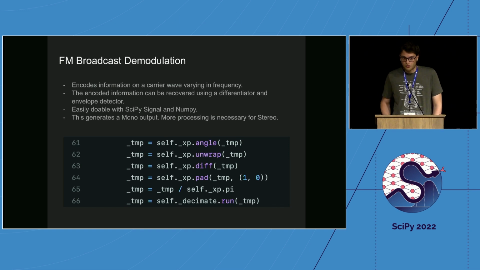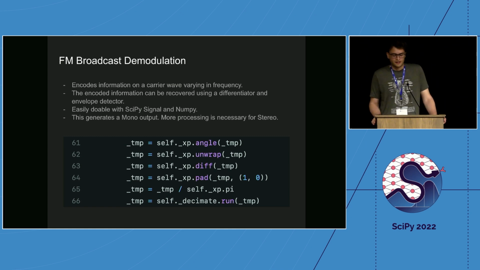And FM broadcast is like the old transmission protocol for radios. It uses frequency modulation to encode information on a carrier wave that is varying in frequency.